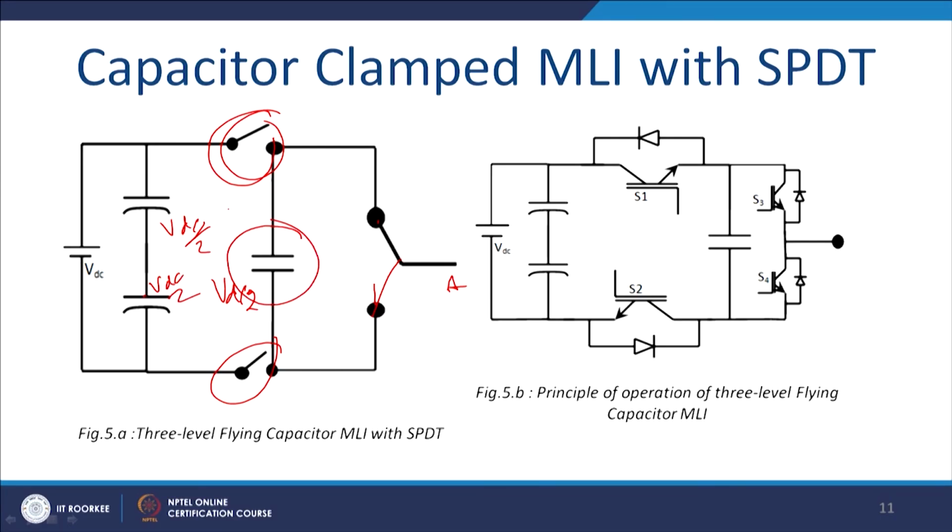Here you will actively monitor the voltage. If you close here, it will be essentially minus VDC by 2. If you close this switch and keep this position, then you get minus VDC by 2. Same way, if you close this switch and put it here, you get plus VDC by 2.